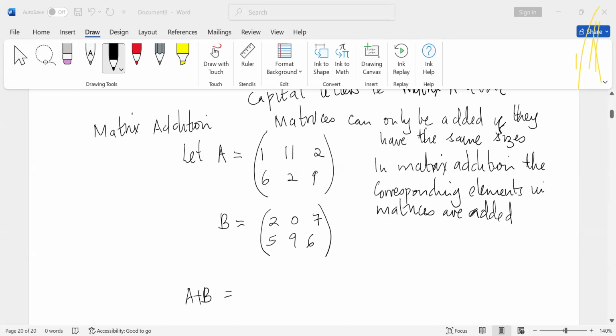So A is a 2 by 3 matrix. B, what is the size of matrix B? Two by three. So that is why we can add them because they are of the same sizes.